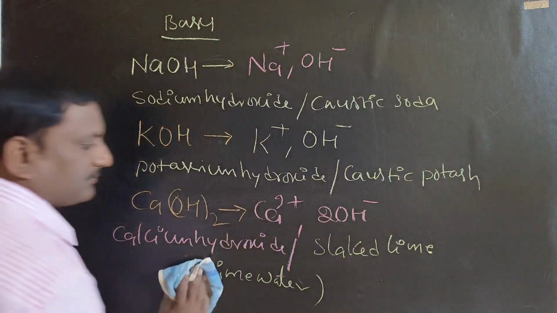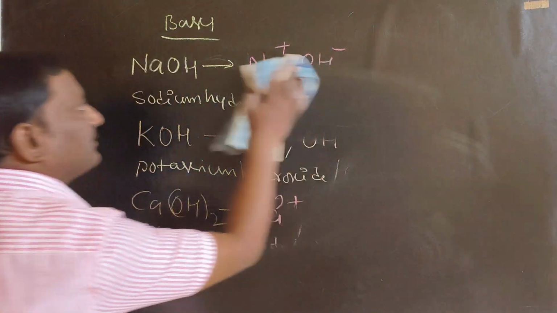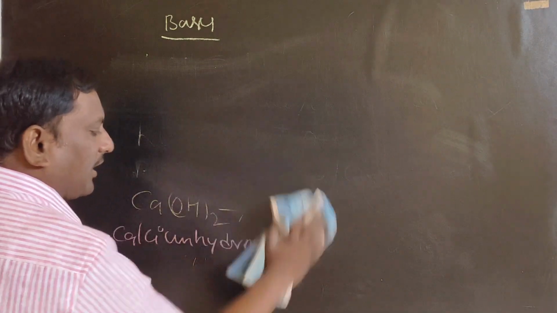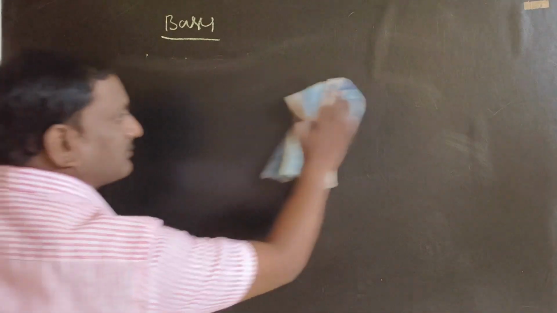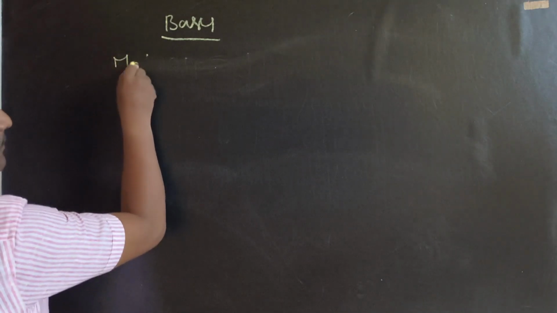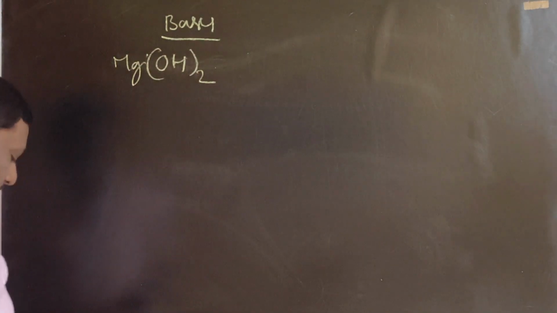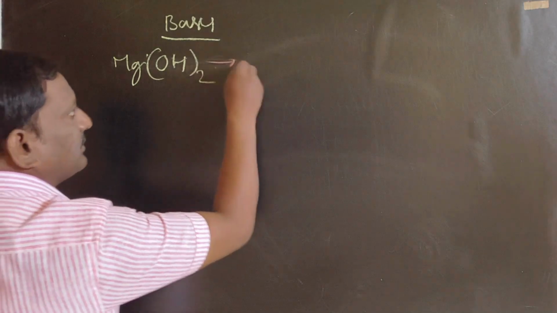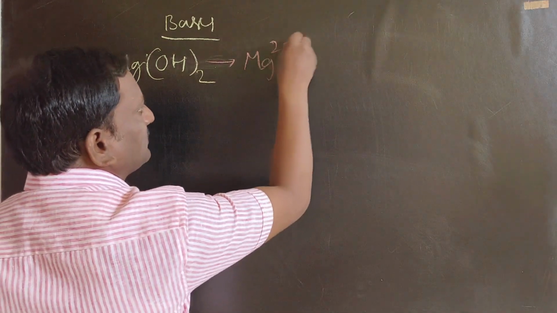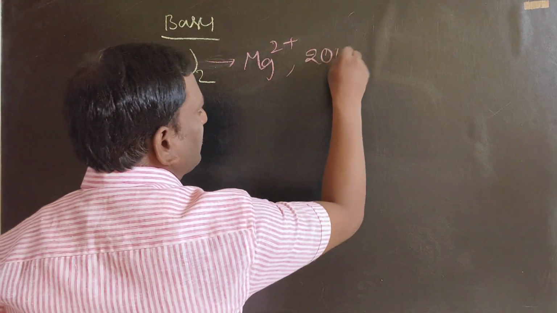Okay, right. Next example, magnesium hydroxide, Mg(OH) taken twice. It splits up into Mg2 plus and 2 OH minus ions.